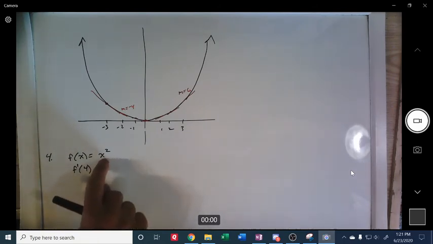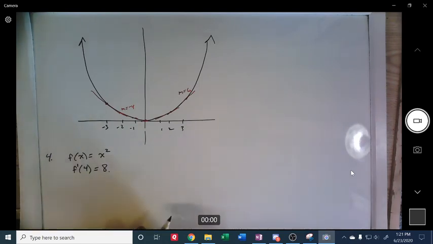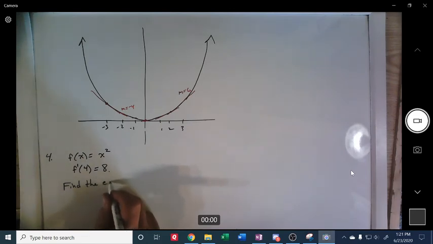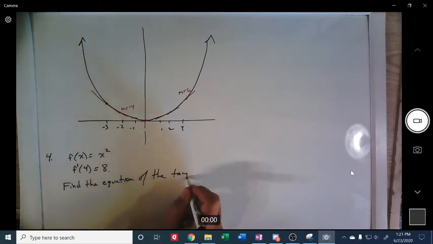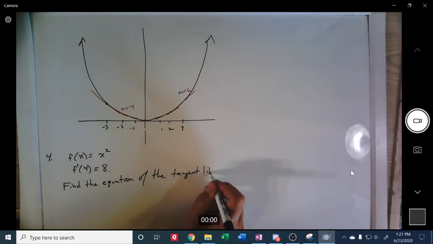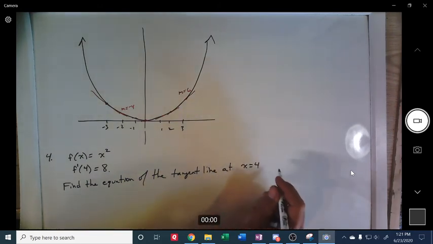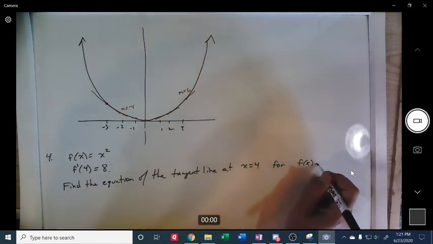Only works for this function, but you get 8. Now I'm going to ask a different question. Find the equation of the tangent line at x equal 4 for the function f of x equals x squared.